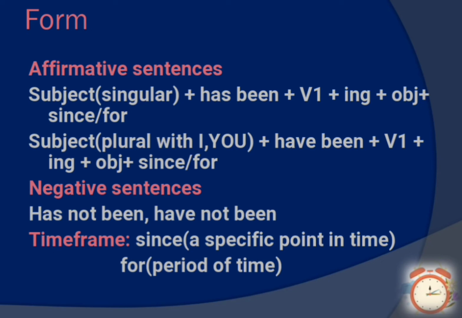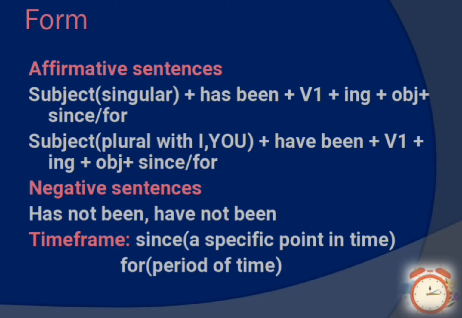The use of the object if there is any, and for the time frame we have since and for. For the plural subject and with I and you pronoun, we use have been, first form of the verb plus ing plus object, and after that for the time frame since or for.